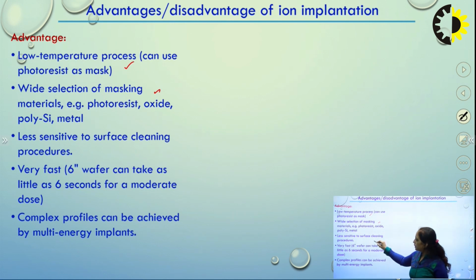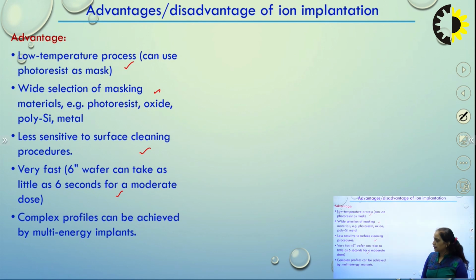It is less sensitive to the surface cleaning process. It is a very fast process, and a 6 inch wafer can take as little as 6 seconds for a moderate dose, right. So we can do the doping very fast with the help of ion implantation. Complex profiles can be achieved by multi-energy implants.